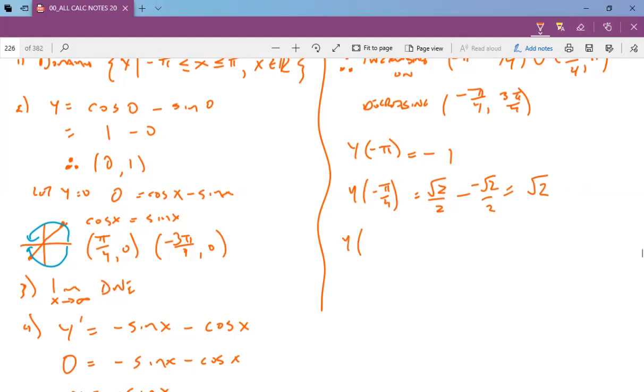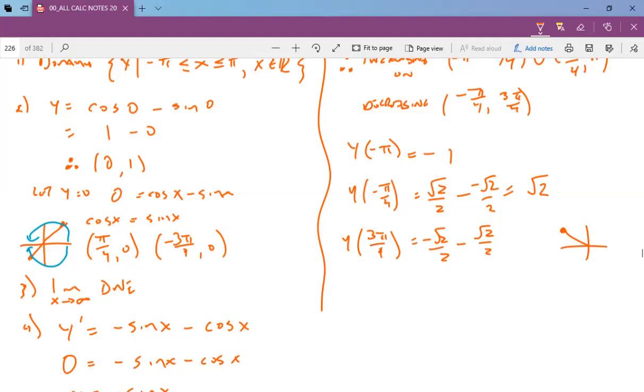Y of 3 pi over 4, line 3 pi over 4 is this one over here. And 3 pi over 4, our formula says cosine of 3 pi over 4, which is negative root 2 over 2, minus sine of 3 pi over 4, sine of that is root 2 over 2, so we're subtracting.